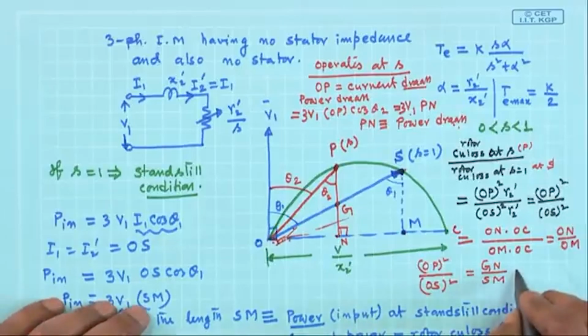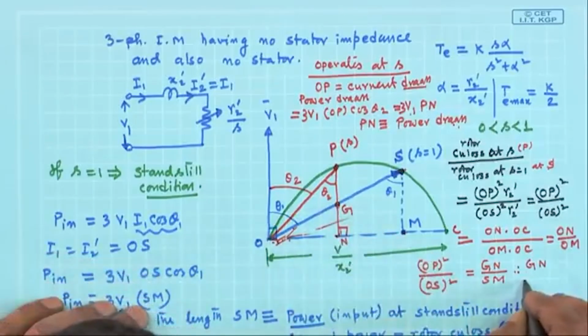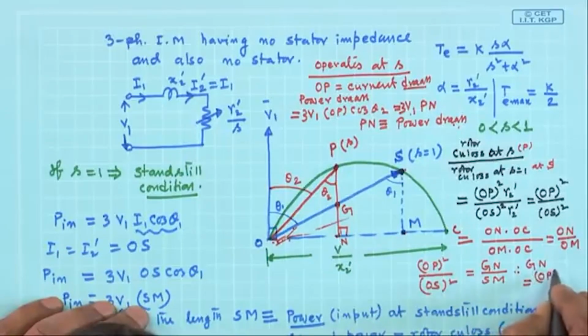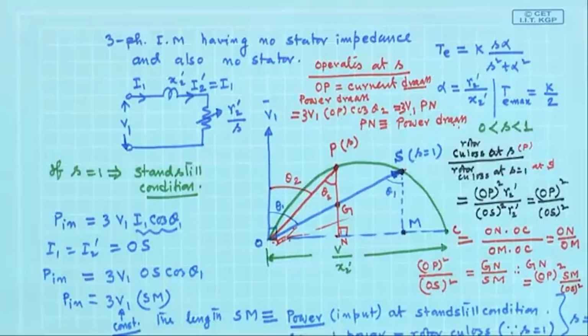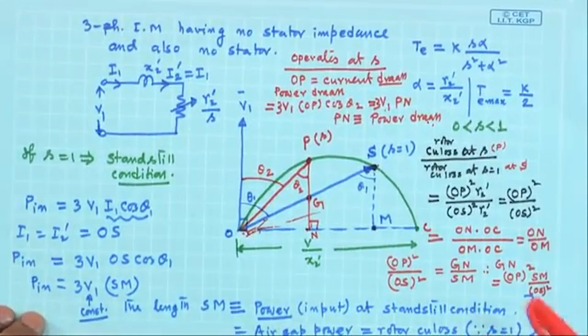So, GN, this line segment, will be equal to OP square into SM divided by OS square, is it not? So, GN is nothing but OP whole square into capital SM by OS square.